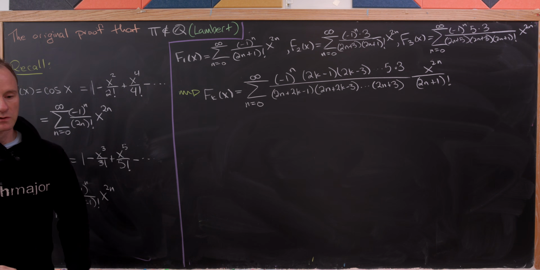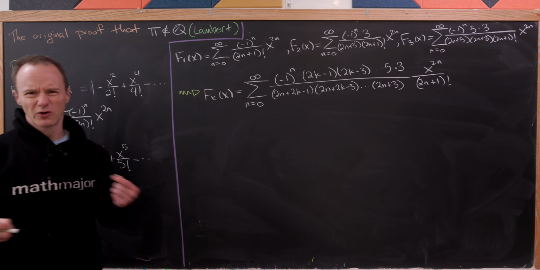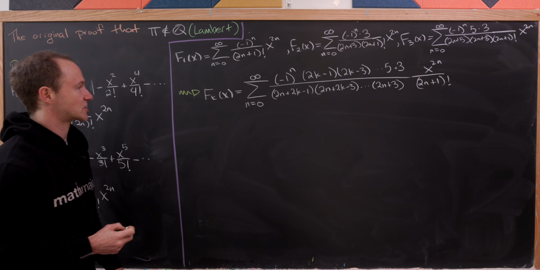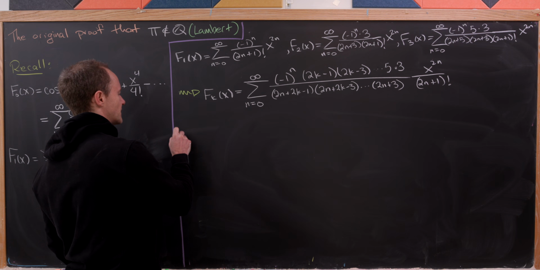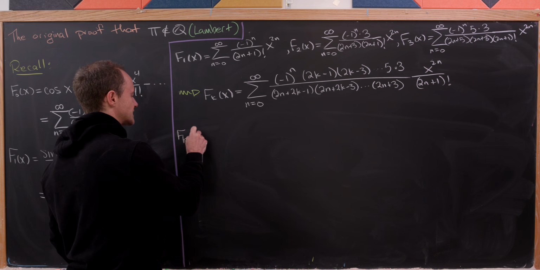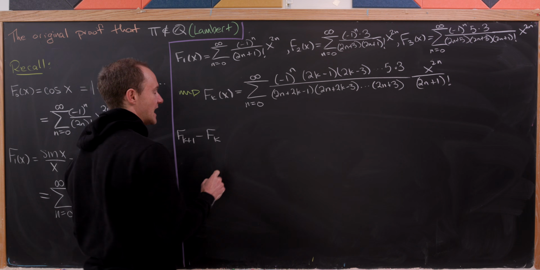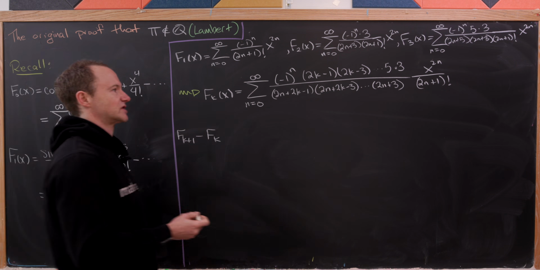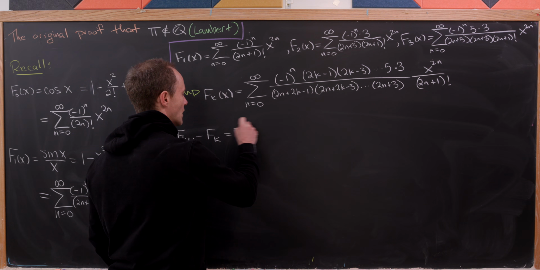Okay, so now what I'd like to do is maybe prove that this is the right formula, and we can do that with induction. Notice if we were to, for instance, take f sub k plus 1 minus f sub k, we should get something that looks like our f sub k plus 2. So what will we have?